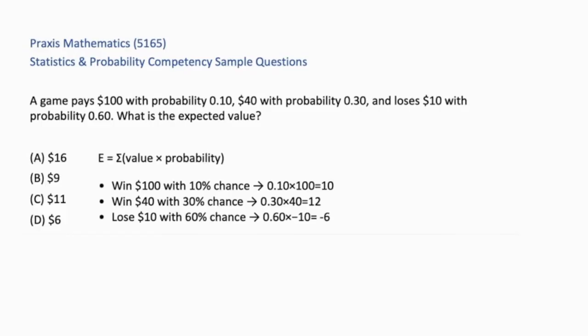That is 0.60 times negative 10, which equals negative 6. Then you take those numbers and add them up. 10 plus 12, negative 6, equals 16. So the expected value is 16. That's what you would expect to win on average per game if you played many times.